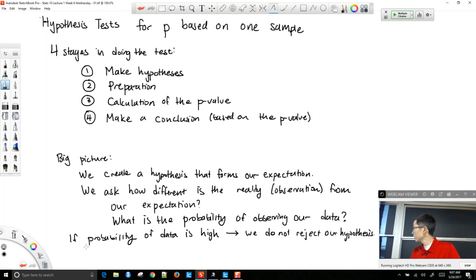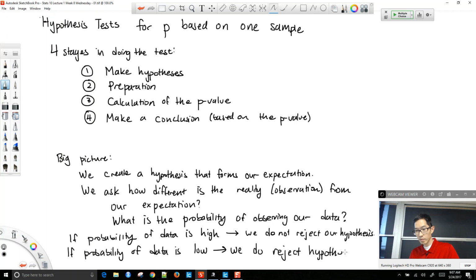On the other hand, if the probability of our data is low, we do reject the hypothesis. I'm hoping this is feeling familiar from what we talked about on Monday.